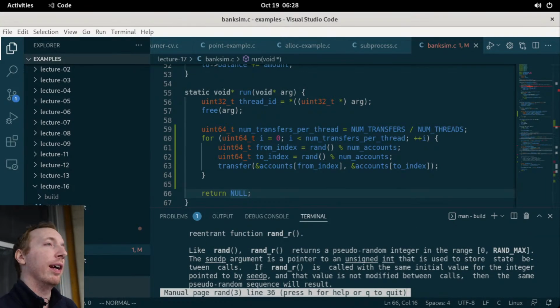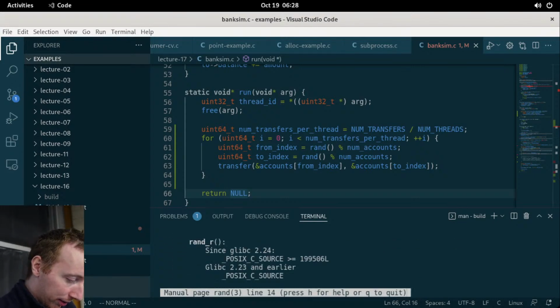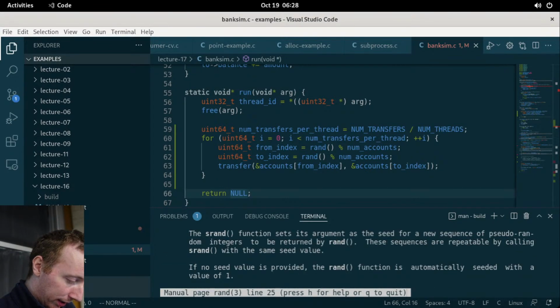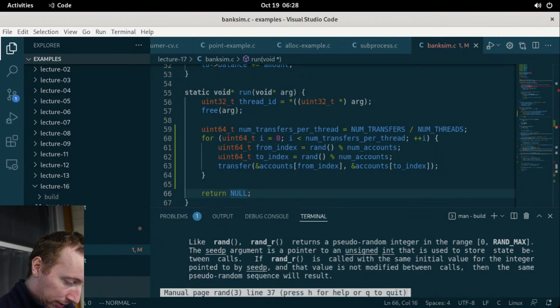Is there a way to give each thread its own random? Yeah, this is beyond this course, but we have free time, so we can essentially give each thread its own RAND and make things a lot faster. If we read the description, RAND-R is a generator that takes a seed argument that stores the state, so it's all independent.